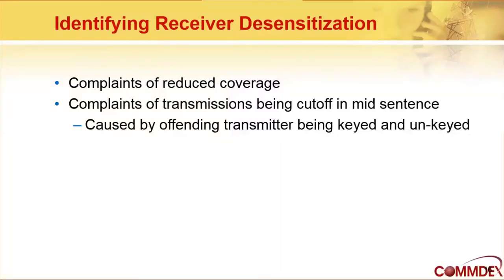And how will you know? Well, these symptoms look like the same thing as the symptoms for transmitter noise, and that's because they're really two different sides of the same coin. Complaints of reduced coverage, complaints of transmission being cut off, and they'll be off and on as the transmitter is keyed and unkeyed, which makes it hard to pin these down. If interference comes from a broadcast transmitter, you can listen to it, it's continuous, and you can ID who it is.